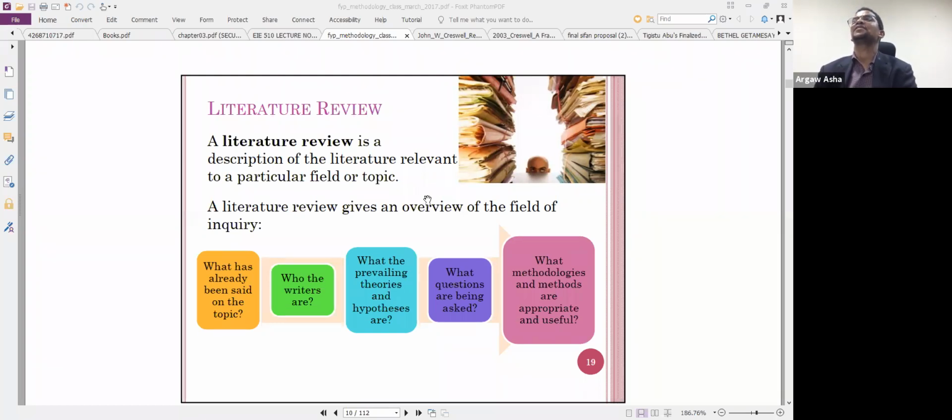So in short, the literature review is what has already been said on the topic, who the writers are, who wrote this, what defined facts we have, then theories, which hypotheses they used, what questions are being asked in those literatures, and finally what kind of methodologies and methods are appropriate and useful.